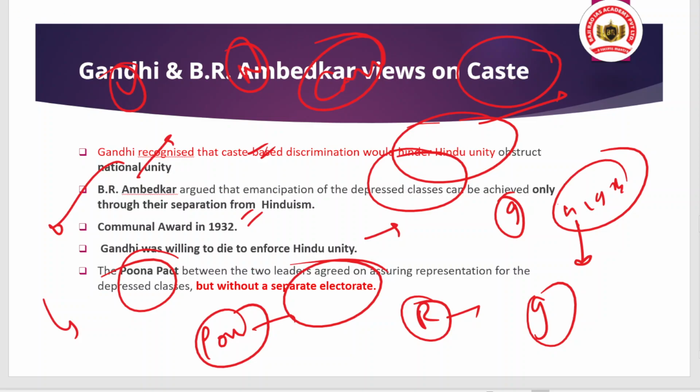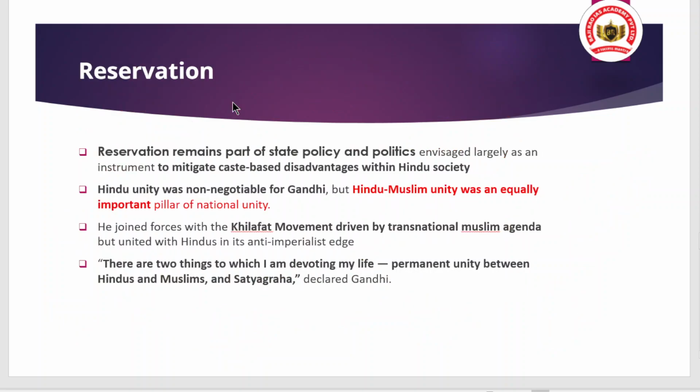So the root of the reservation in India that we are seeing currently is actually associated with the incidents of the 1930s. Even when the Constitution was framed, the concept of reservation was kept, and it was given to various depressed classes.